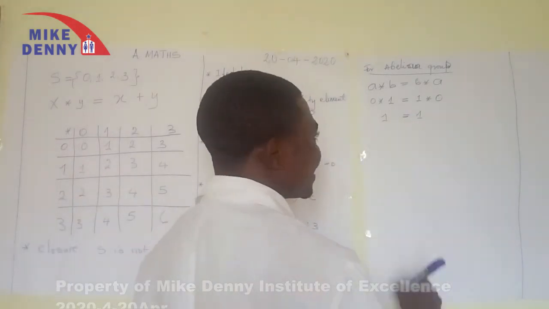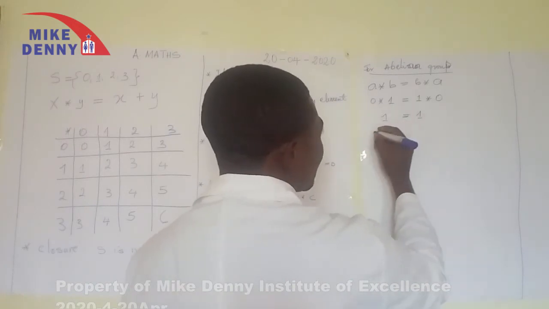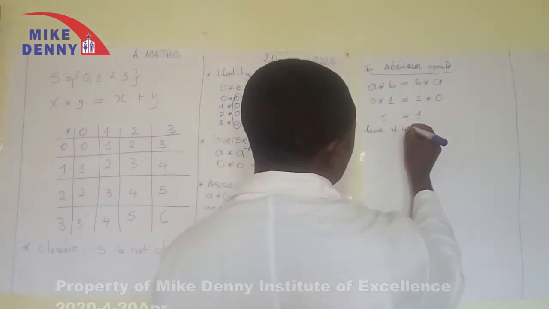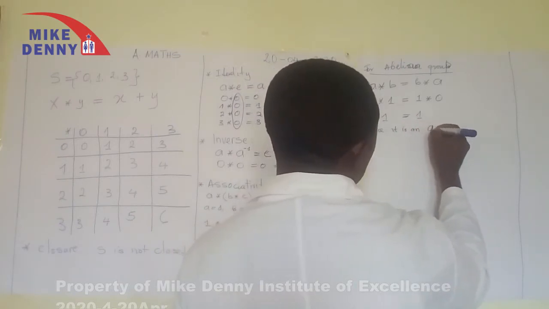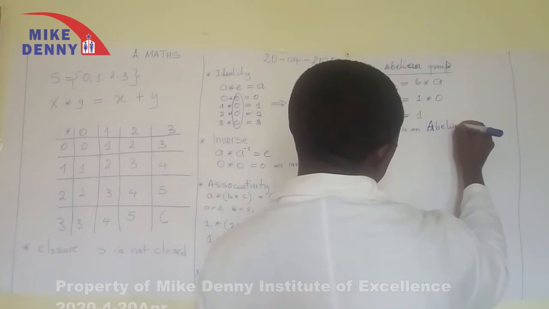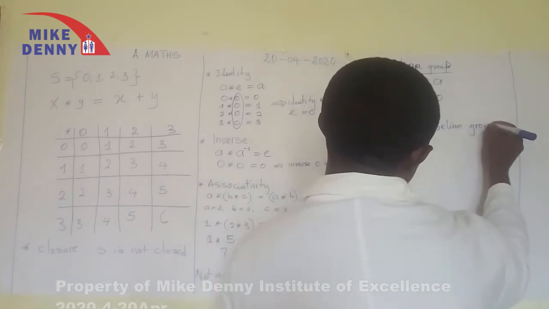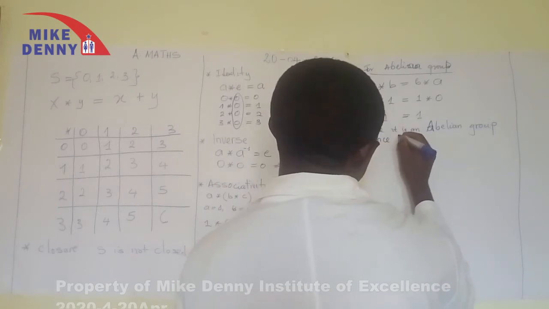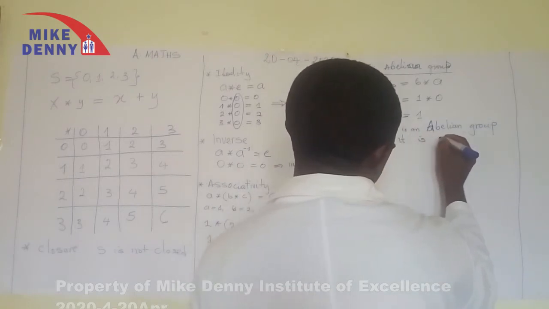So you discover that they are the same. Since the result is the same, we now say hence it is an abelian group. It is an abelian group since it is commutative.